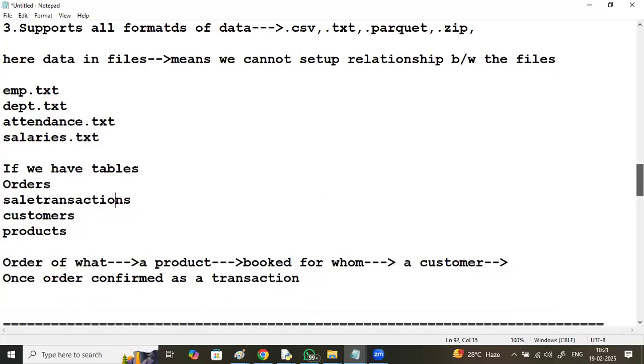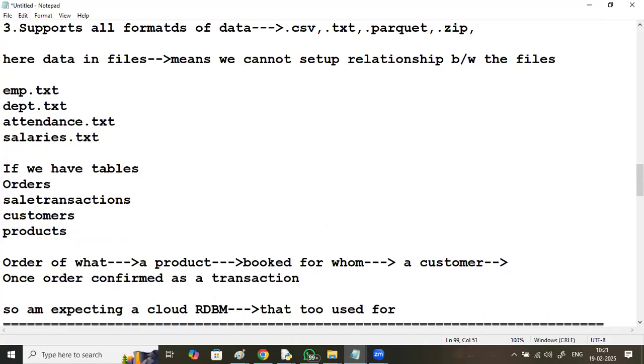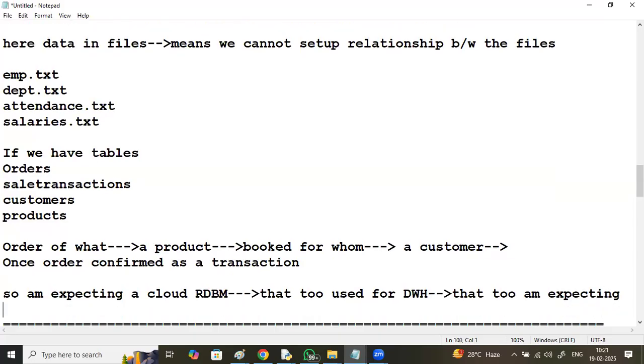So what am I expecting here? I'm expecting a cloud DBMS that is also used for data warehouse, and that too with parallel processing.